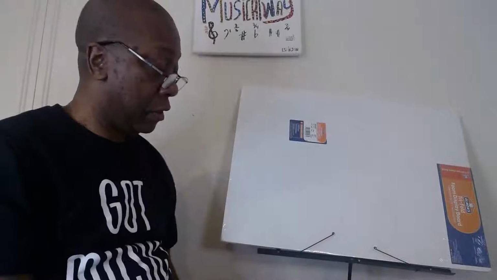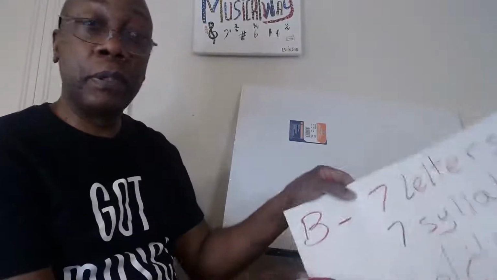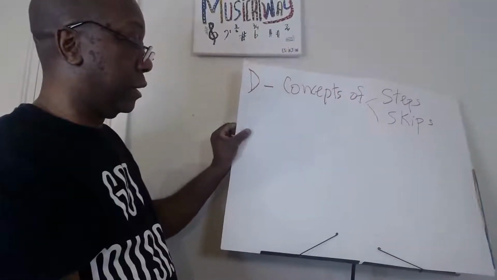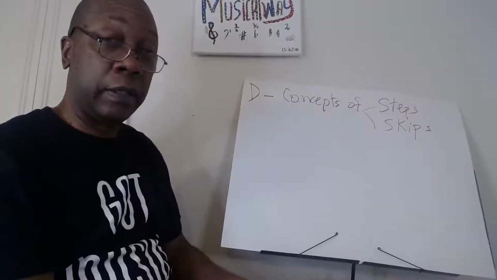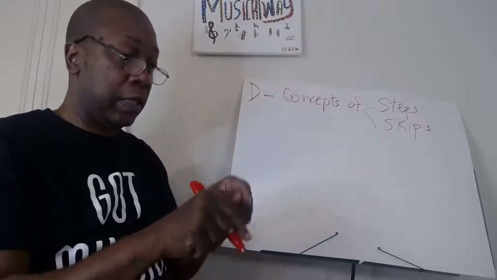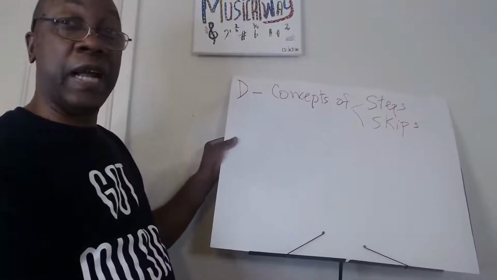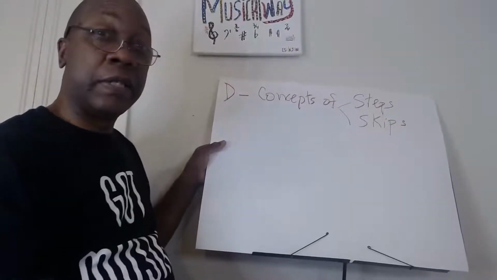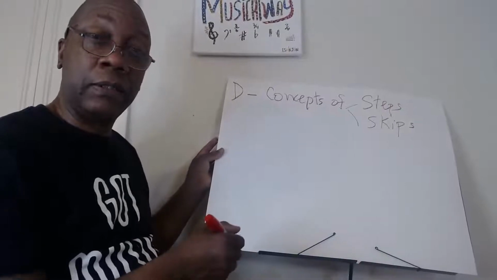And then we have the concept of steps and skips. I always observe my students playing in the schoolyard, and I don't remember the name of that game, but they usually go step, skip, step, skip. Well, let's find out how we do that. It's the same concept. I can use the letters again, or I can take the syllables.